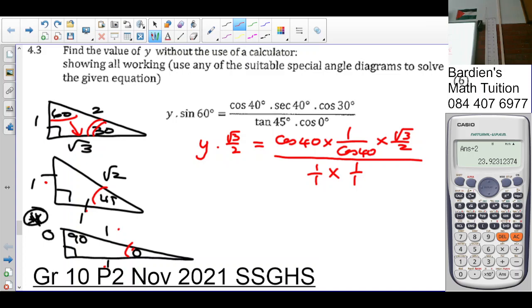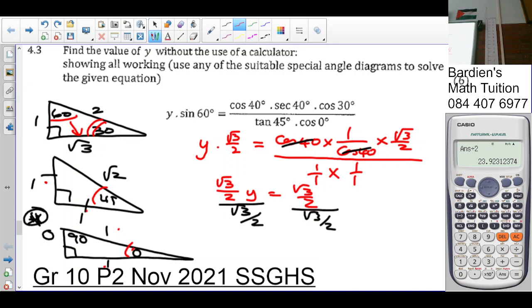So what I'm going to do is tighten this up a bit. That cancels. And 1 over 1, and 1 times 1 is 1 in your denominator, which is over 1, which can just fall away. So that is root 3 over 2 y is equal to root 3 over 2. Okay? How do we get y on its own? I divide by root 3 over 2 both sides.